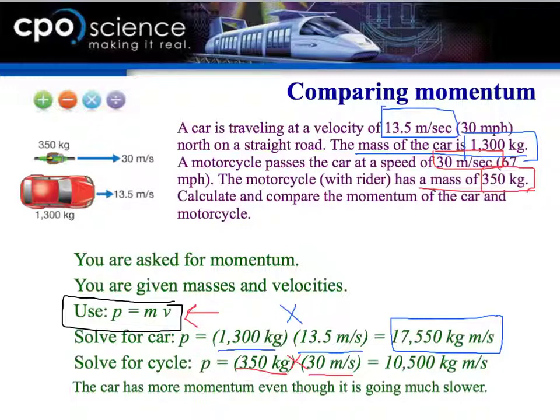When you put that into your calculator, you'll get 10,500 kilogram meters per second. There's that weird unit again. So notice that the car has more momentum, even though it is going much slower. Momentum relies on both mass and velocity.